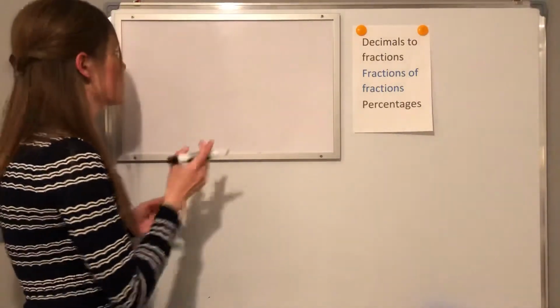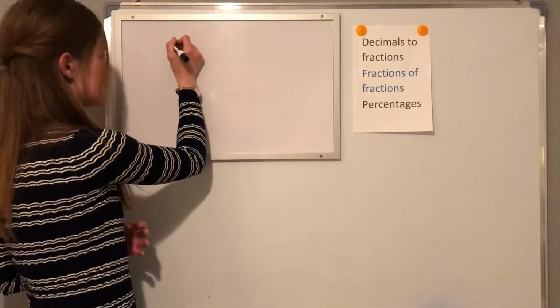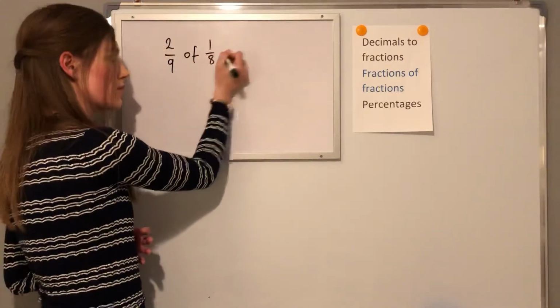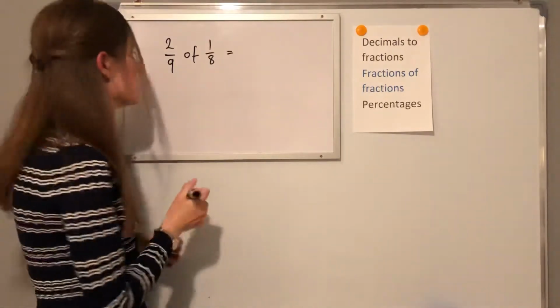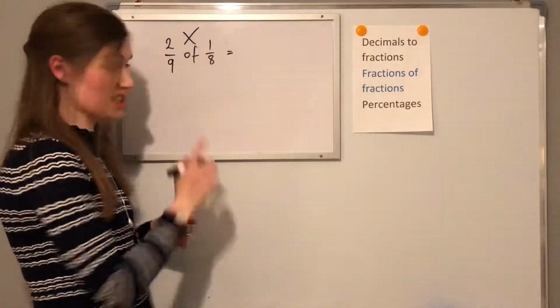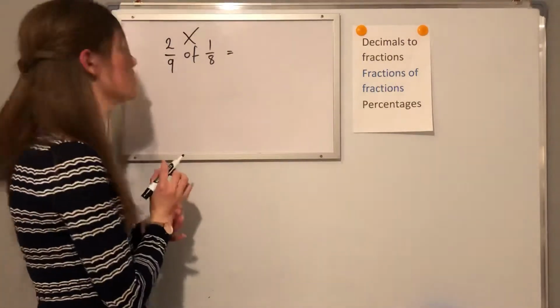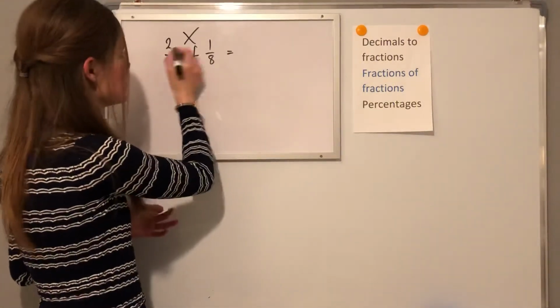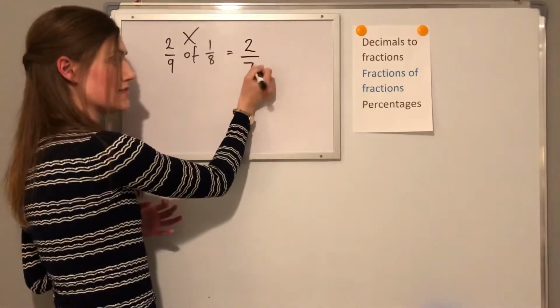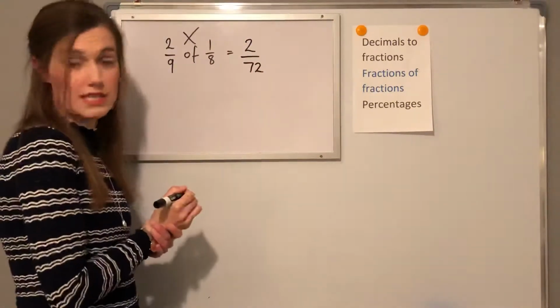So you need to know a way of doing fractions of fractions or fractions of whole numbers that end in fractions. Okay, so for example, if you had 2/9 of 1/8, you need to remember that of just means times. To times a fraction, you just times them straight across. Okay, so you do 2 times 1 is 2, 9 times 8 is 72, and it's quite easy.